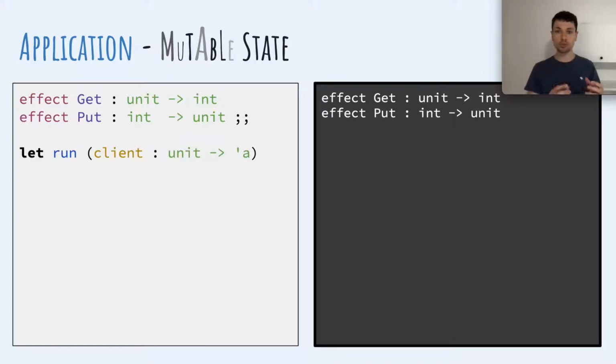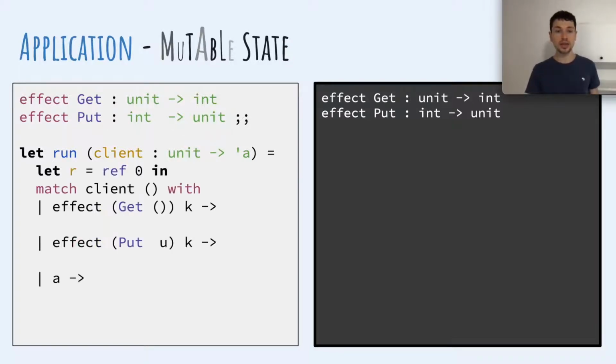A program that performs these effects is what we call a client of get and put, and we cannot simply execute this client because we need to handle the effects it might perform. So that's what the function run does, and the idea here is to use a reference as a way to keep track of the state and answer the requests of the client concurrently.